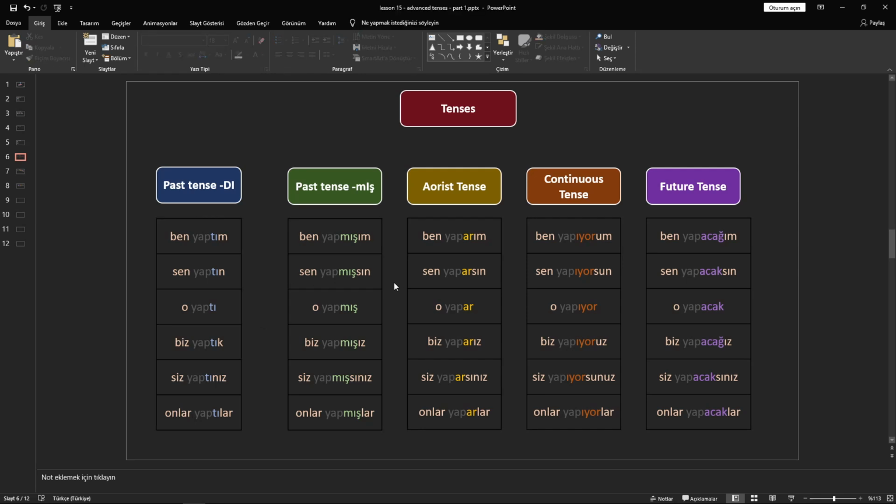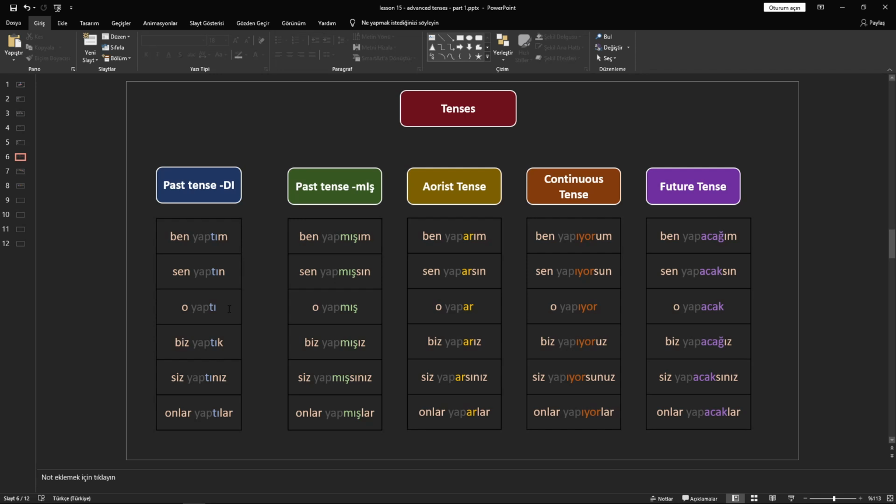I will wait a bit for all of you to take a look at other endings. I will not rush this part. This is important. Ben yapmışım, sen yapmışsın, o yapmış. So, for example, in all the o pronouns, there are no personal endings. We only have the tense endings.